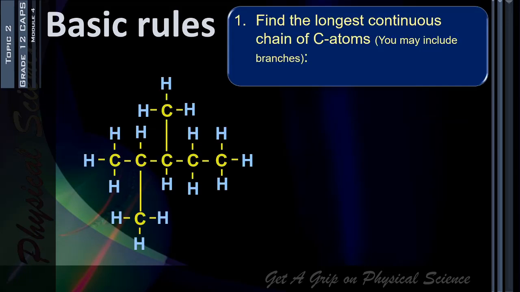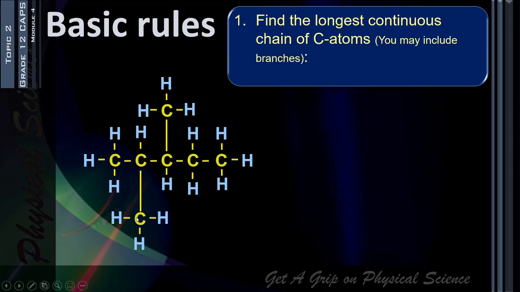The first rule is you have to find the longest continuous chain of carbon atoms in the molecule. And this means that you might have to include branches in the longest continuous chain. So in our example here, if you start from the left and you go all the way to the right, the amount of carbons in the chain will be 5.